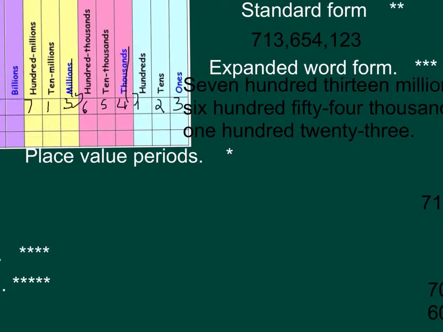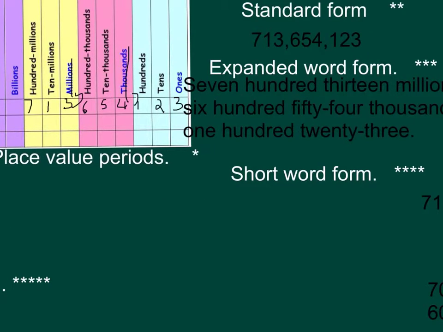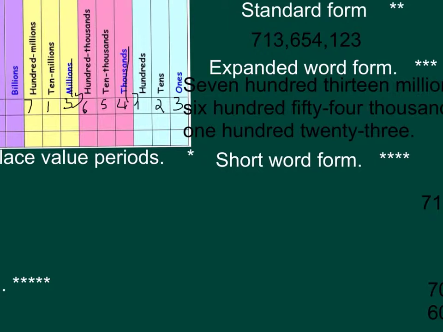713,654,123. The next way we could write numbers is called short word form. This is a little bit easier. I have not seen much of it being used, but with this one you use both numbers and words. Use the numbers that you have in each period, and then you simply spell out the period family that it's in.